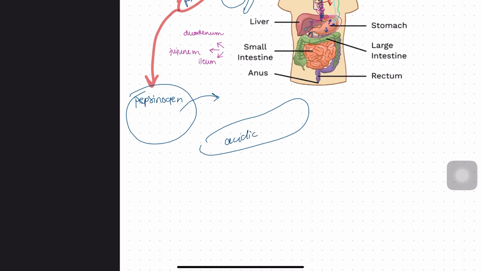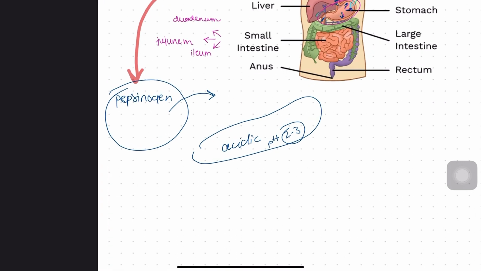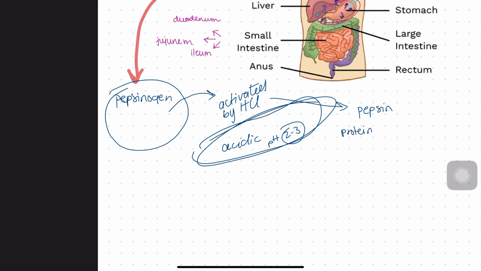So the pH is around 2 to 3, which is extremely acidic. And the pepsinogen is going to get activated by the hydrochloric acid that is in the stomach. And after that happens, it will turn into an enzyme called pepsin, which breaks down proteins into polypeptides.